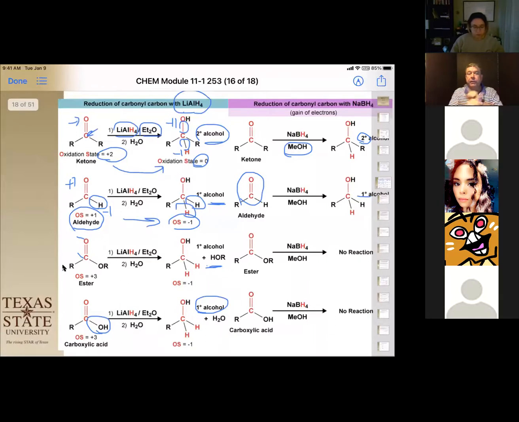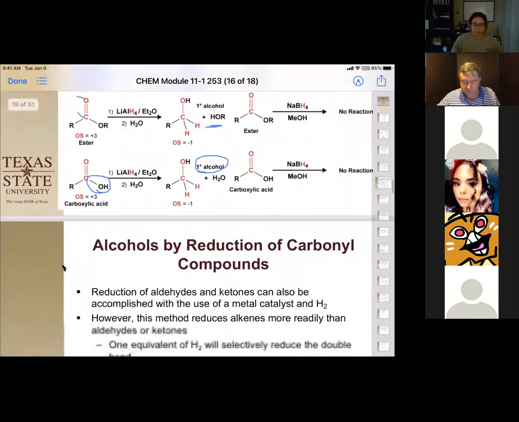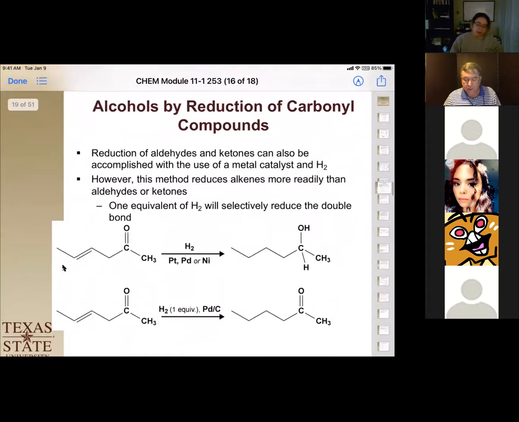Now, if you want to do it the other way around, you want to reduce down the ester, we actually have a trick for that. And we'll get to that toward the end of the chapter. Okay, so again, the reason we use these hydride reagents is they are very selective right here. They only attack carbonyls because we're transferring that hydride to attack the partially positive carbon of the carbonyl.